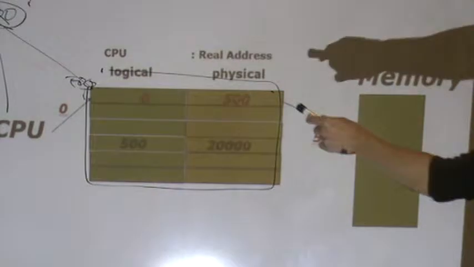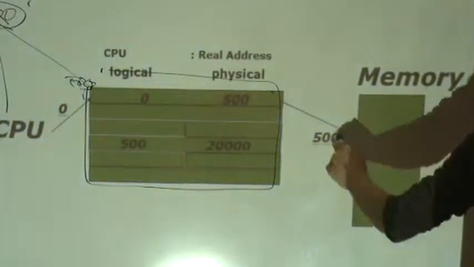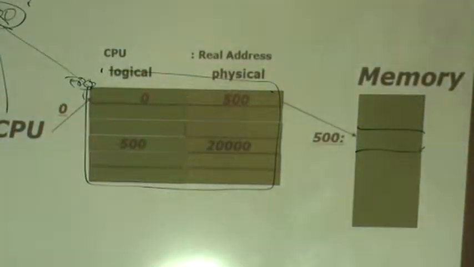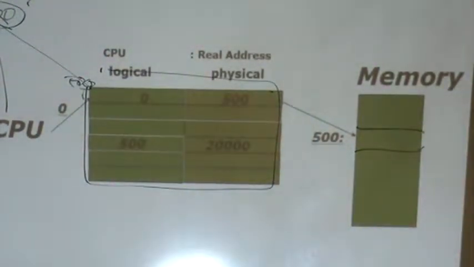For example, 0 means it's 500 in your memory. Then you can find the data from 500 and move such data to another register, a general purpose register.